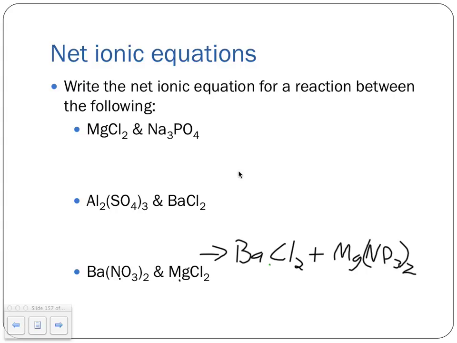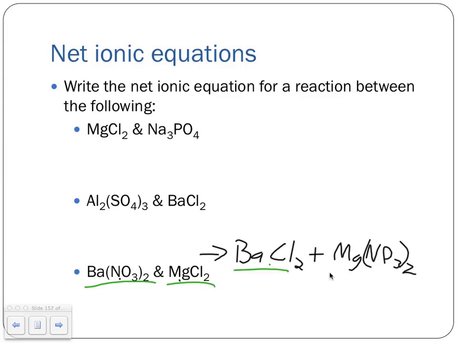This is not a precipitation reaction, and there is no net ionic equation because all the ions here are spectator ions. Since these all stay in solution, barium nitrate is nothing more than a mixture of barium ions and nitrate ions, and magnesium chloride is nothing more than a mixture of magnesium ions and chloride ions, because they're ionic and both soluble.